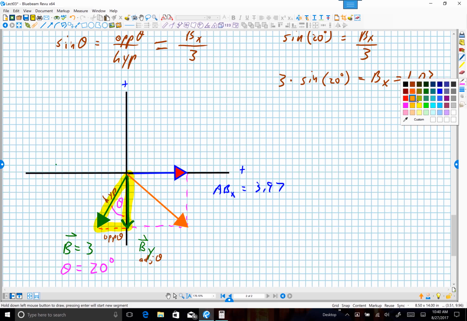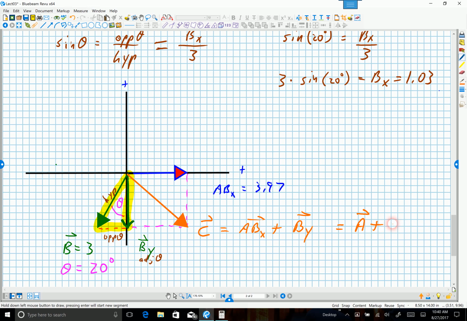So here is vector C. And C is going to be ABX plus BY. C is also the same as A plus B, which is what I started out wanting to know.